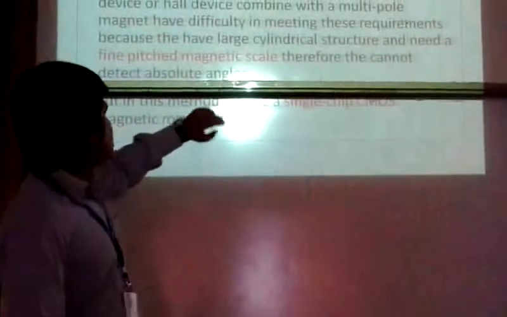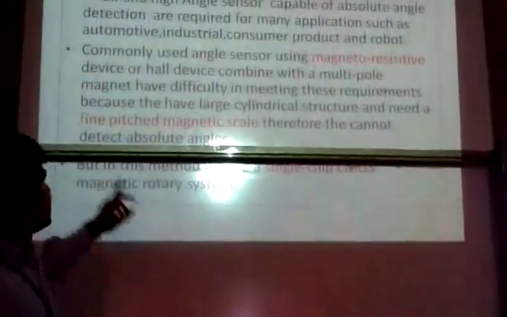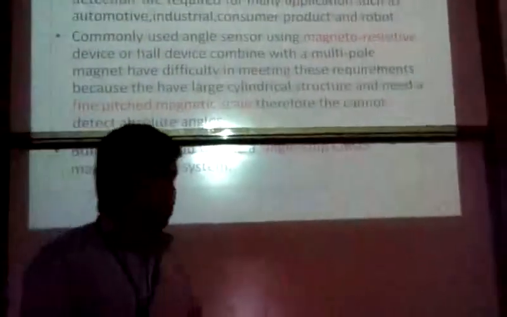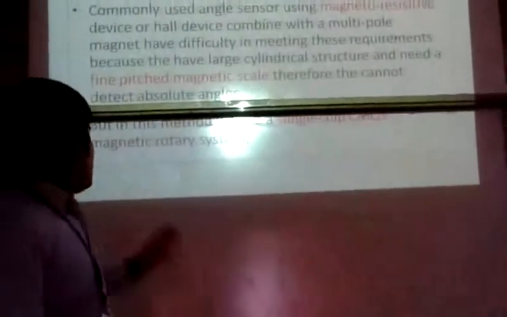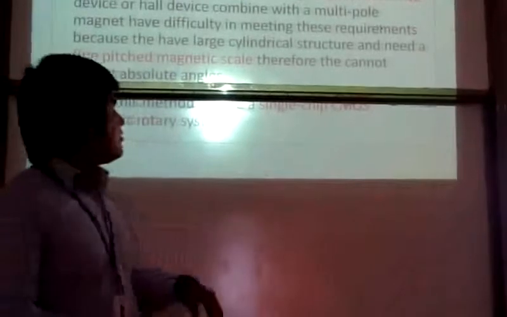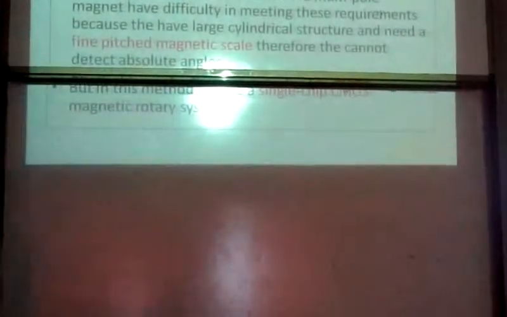But what is the negative point of this type of sensor? It has a large cylindrical structure. Therefore, it needs a fine-pitched magnetic scale. Therefore, they cannot detect the absolute angle. But with the single chip CMOS method, it is able to detect the absolute angle.